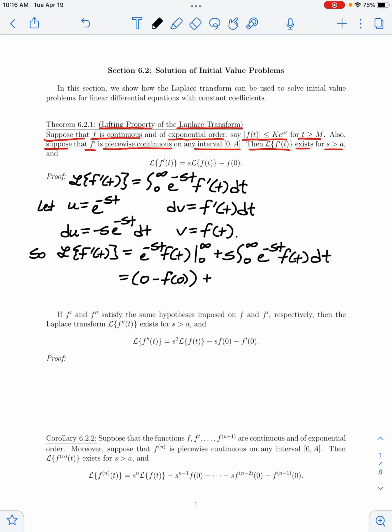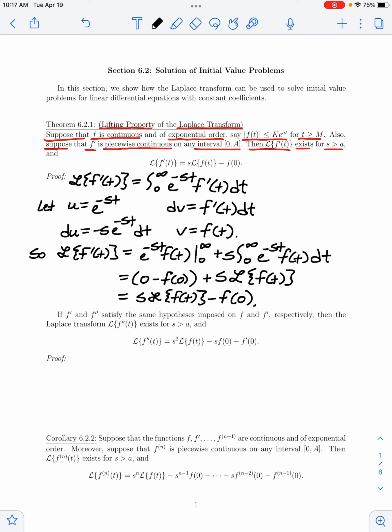And then we are adding s times this integral from 0 to infinity of e to the negative st f of t dt, which is the exact definition of the Laplace transform of f of t. So simplifying and rearranging these terms a little bit, I have s times the Laplace transform of f of t minus f of 0. And this is what we wanted to prove.